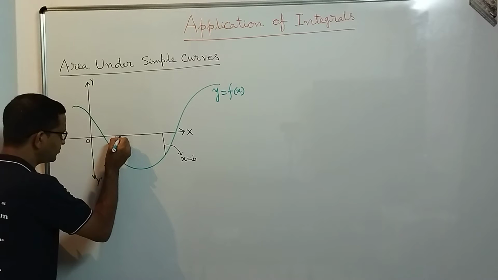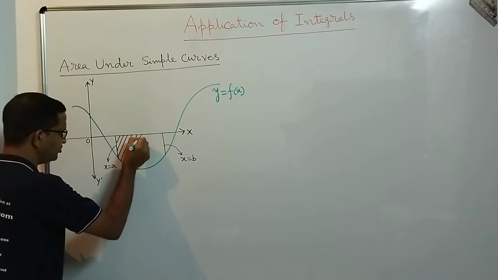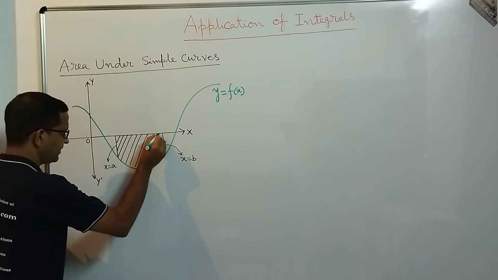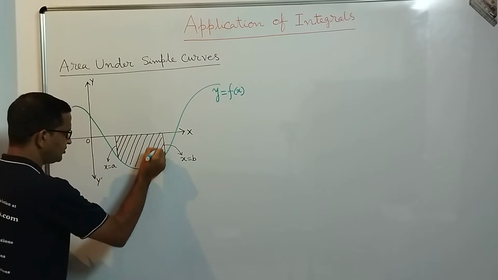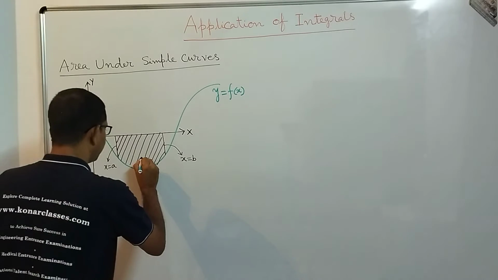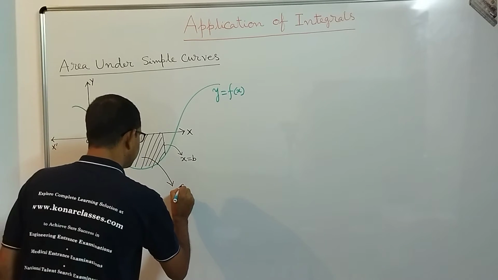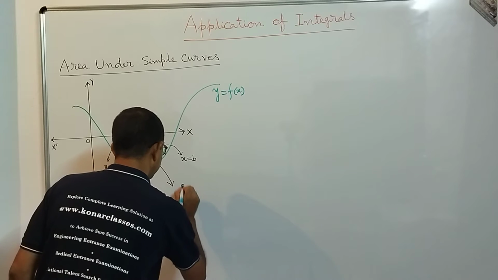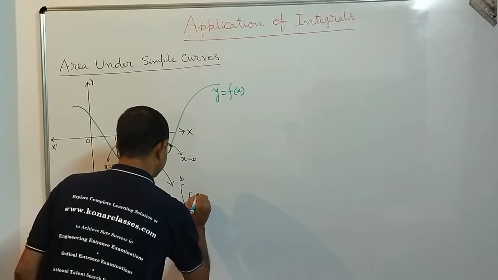That means we are interested to find the area of this region. And what we have learned just a few minutes back, the area of this region will be ∫ a to b f(x) dx.